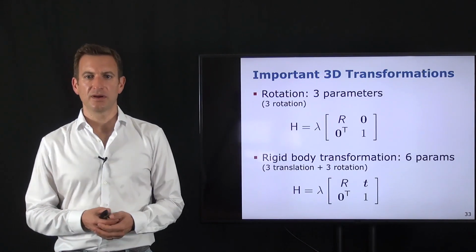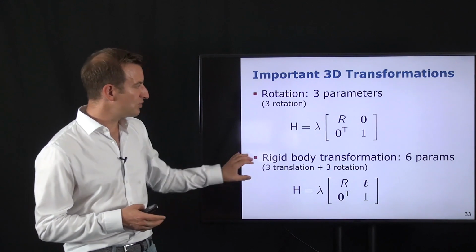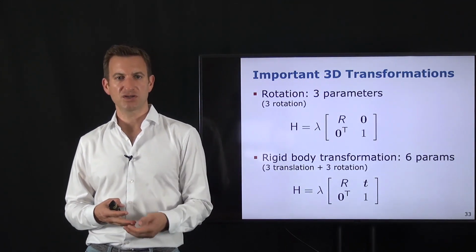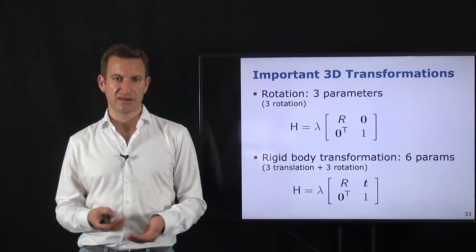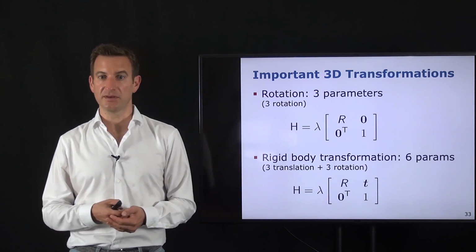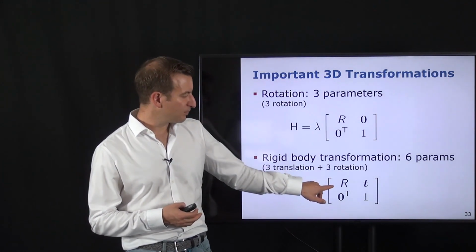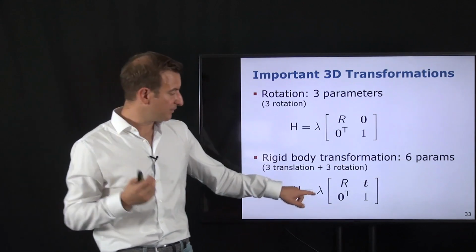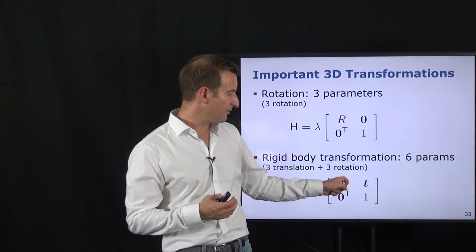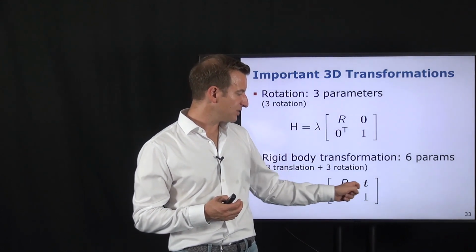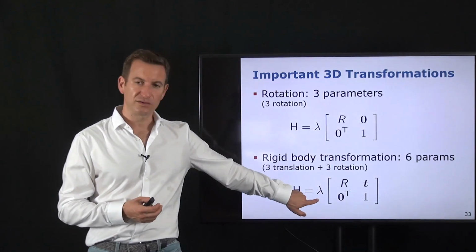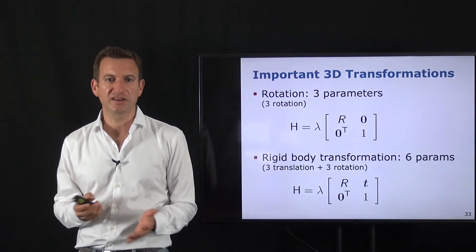So other important transformations are rigid body transformations. A rigid body transformation consists of a rotation and a translation. And it's then 6 parameters, 3 for the translation part and 3 for the rotation part. And this is now expressed in that way. So it consists of basically the rotation transformation and the translation transformation. I have my R sitting over here, my rotation matrix, my translation over here, a 0 vector and a 1, and everything is only defined again up to this magic scalar factor.